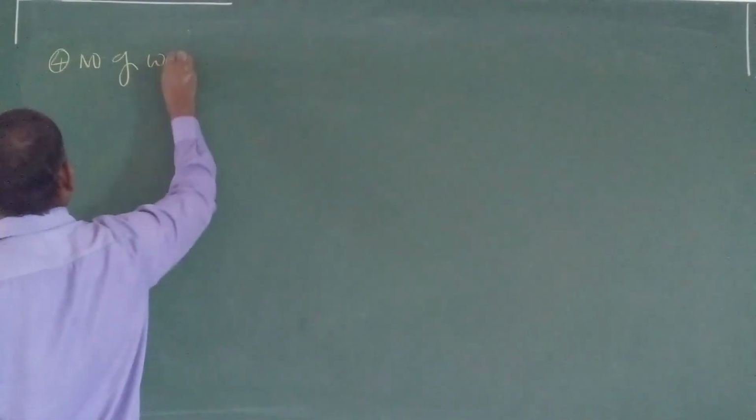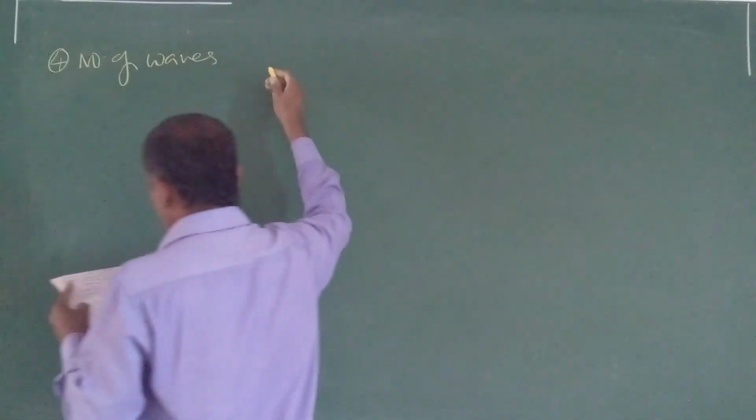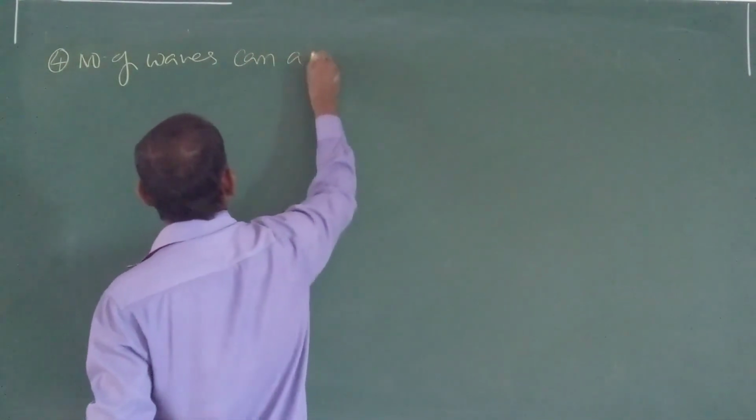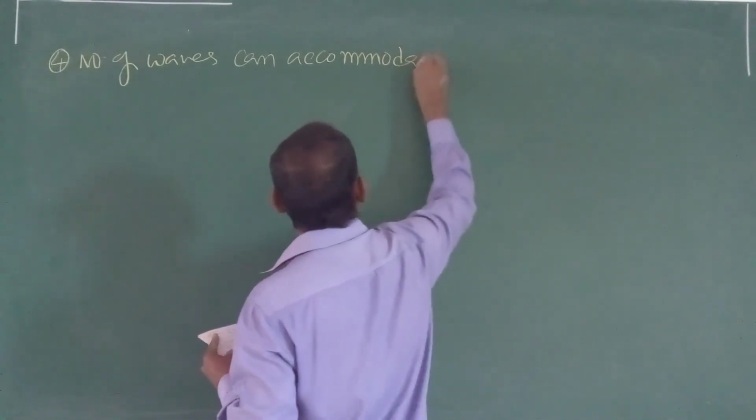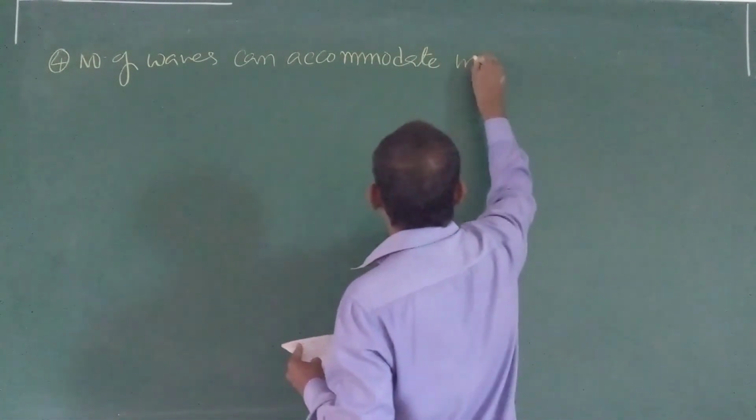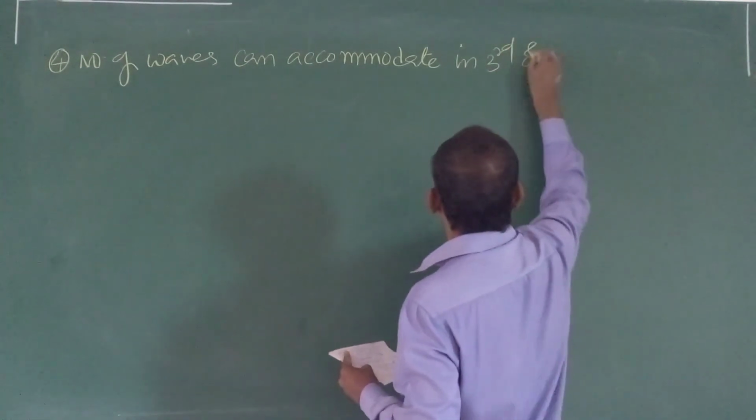Next, fourth one. The number of waves that can be accommodated in the third orbit.